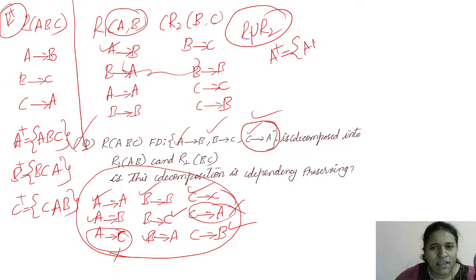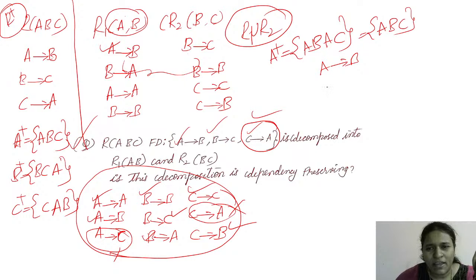I will get A, and A can determine B, B can determine A, and again B can determine C, C can determine B, B can determine B. That means in A closure we are getting A, B, C. From here we can say that A to B is covering, A to C is also covering.